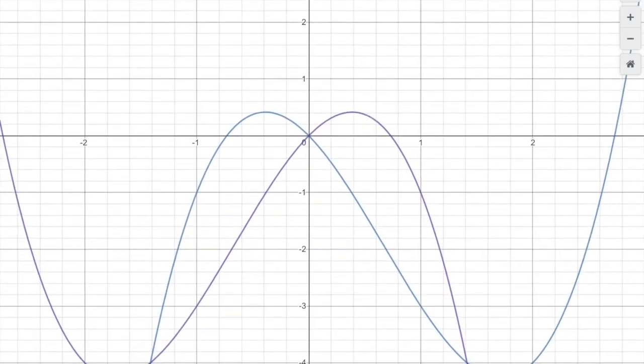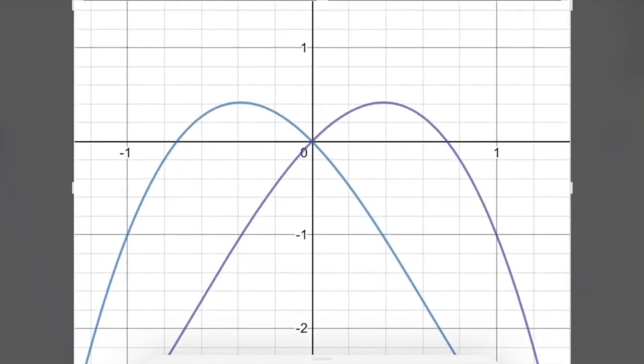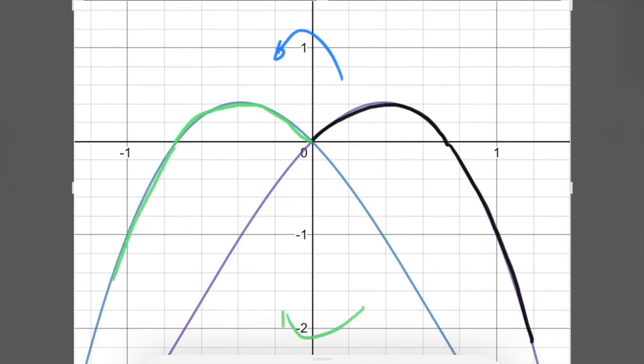And let's see if it's reflecting across the y-axis, sorry. Well, let's take a look. If this was our original, look at this. Isn't it flipping across the y right here? Look at that. Isn't it just a flip on the y?